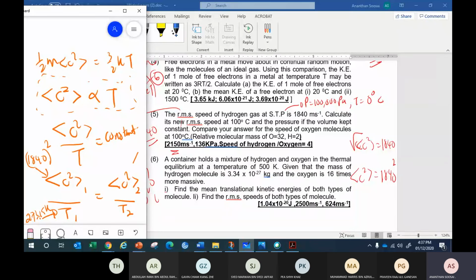Then you find the mean square speed for the second one, where the temperature is 100 degrees Celsius. So the temperature here you put 373.15. Then you find the mean square speed. Whatever mean square speed you got, you root the value, you get root mean square speed.